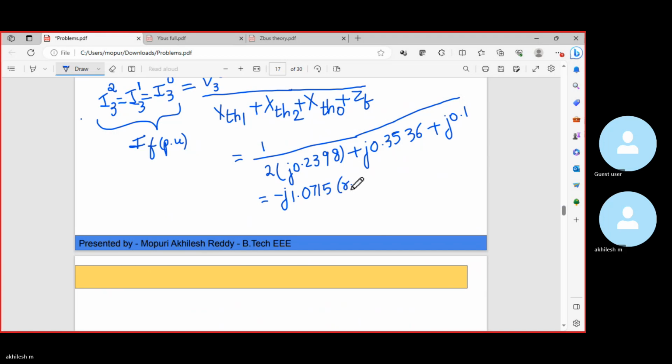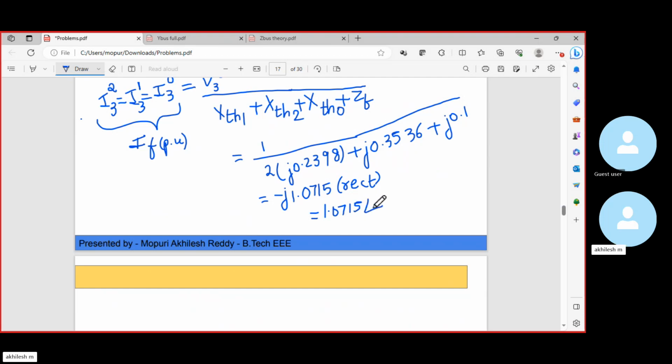Polar form: 0 minus J1.0715, which is 1.0715 at an angle of minus 90.